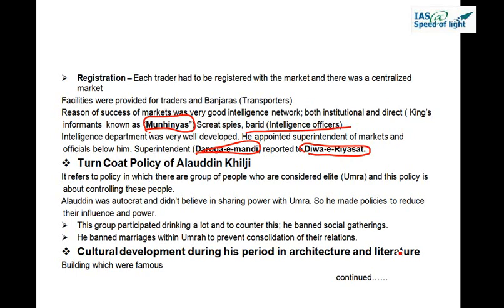Third, he stopped the use of liquor and intoxicants, and it was prohibited in social gatherings. And fourth, the nobles were ordered not to have social gatherings or intermarriages without his permission. That is how we call it the turncoat policy to control the elite nobles, umras and ulemas, during that time.